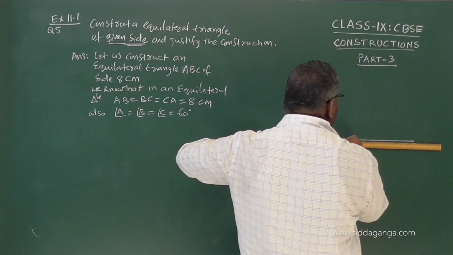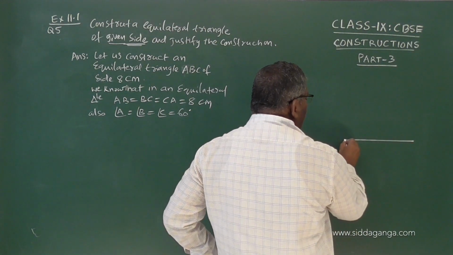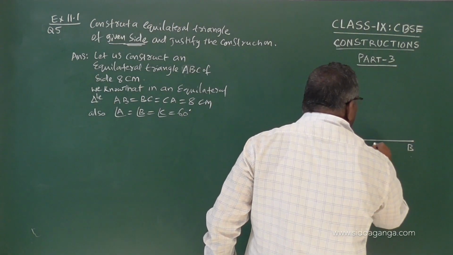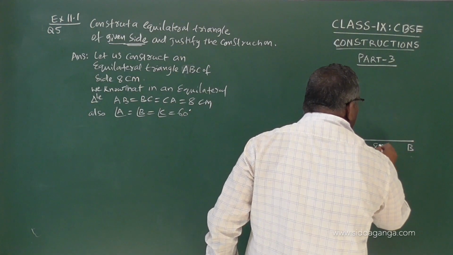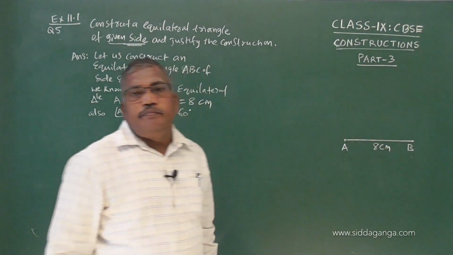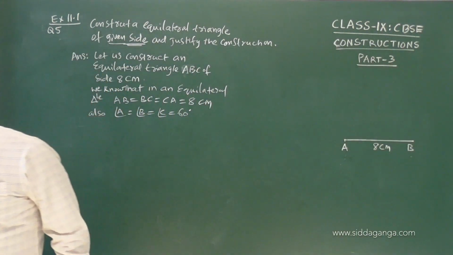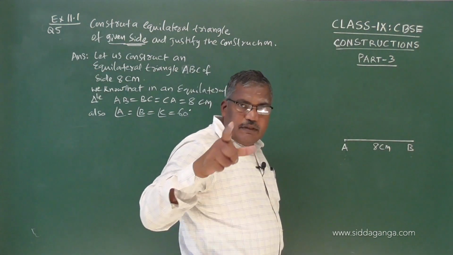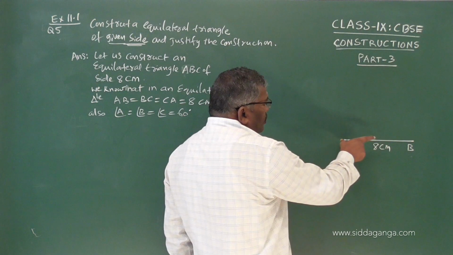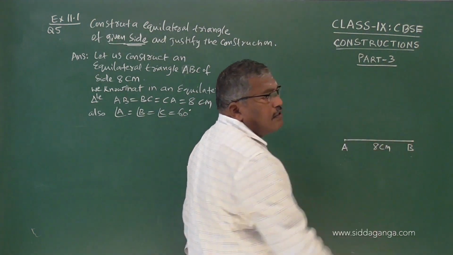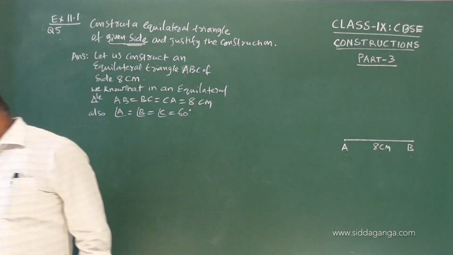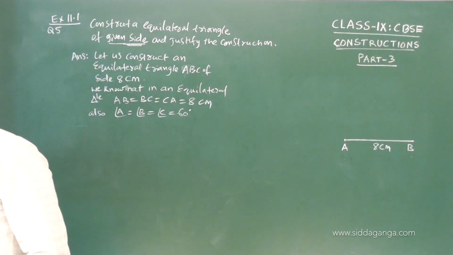You take 8 centimeter, you draw a line and cut it for 8 centimeter. This is 8 centimeter. You can draw a line using a divider, you can transfer 8 centimeter distance on that, or using a compass you can do it. Anyway, you draw a line of 8 centimeter.